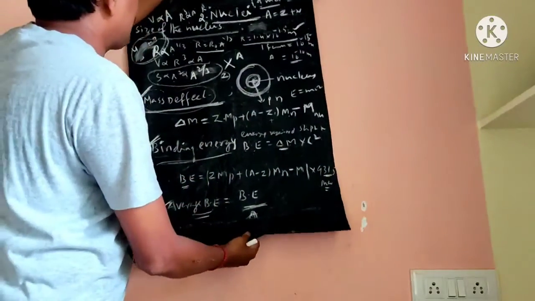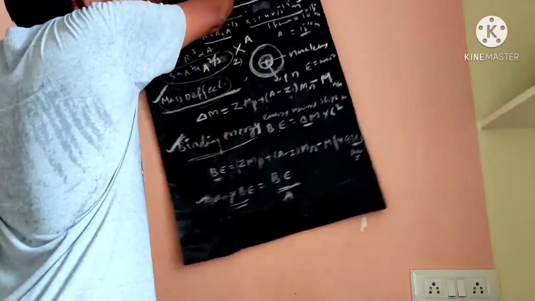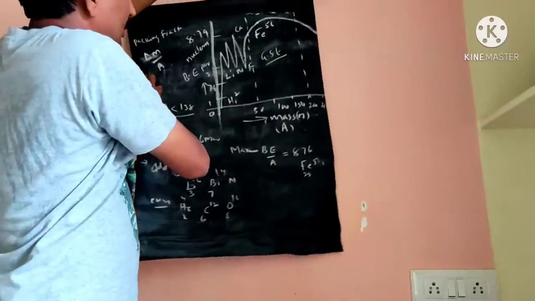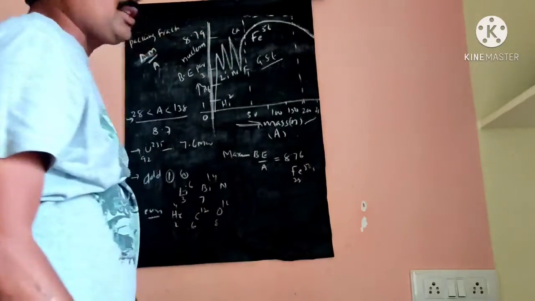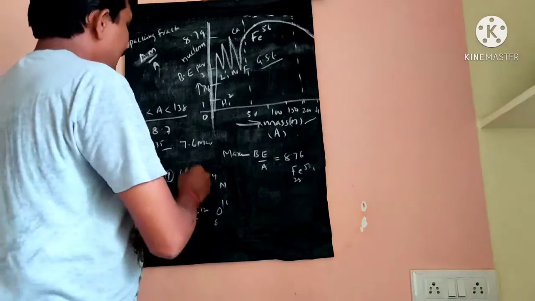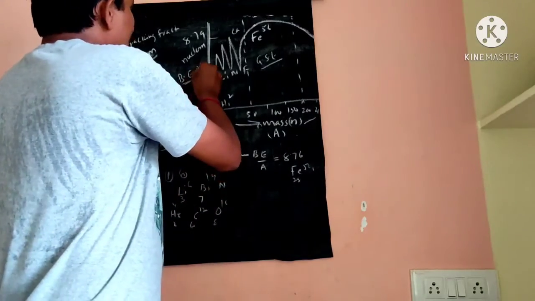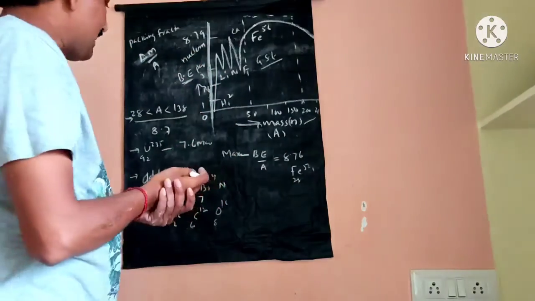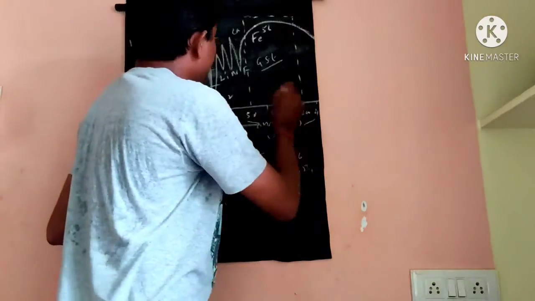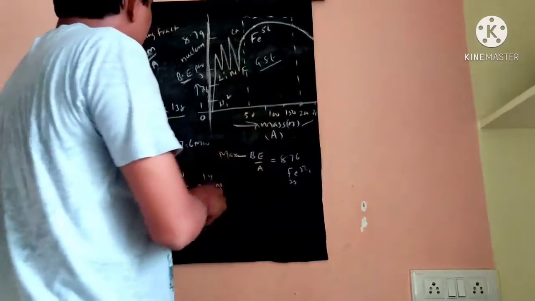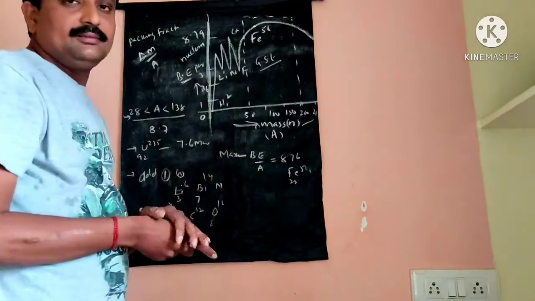Okay. So next, the mass number is taken on the x-axis and the binding energy per nucleon is taken on the y-axis. We draw a graph, called the binding energy per nucleon graph.